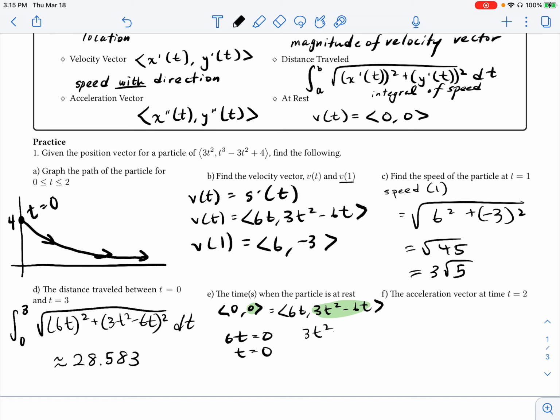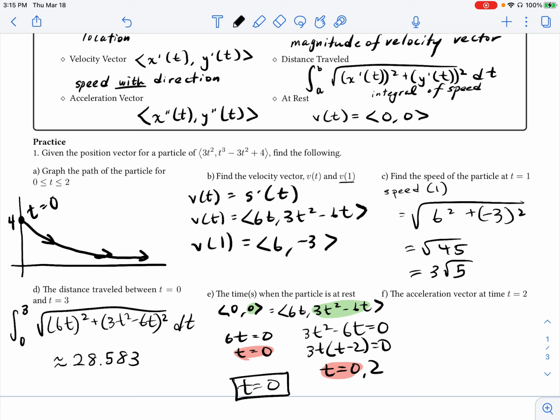So 3t squared minus 6t is equal to 0. If we factor that out, we get 3t times t minus 2 is equal to 0. So t is equal to 0 and 2. The time when the particle is at rest is when both the vertical and your horizontal components are equal to 0. That happens here. So we would say that our particle is at rest when t is equal to 0.